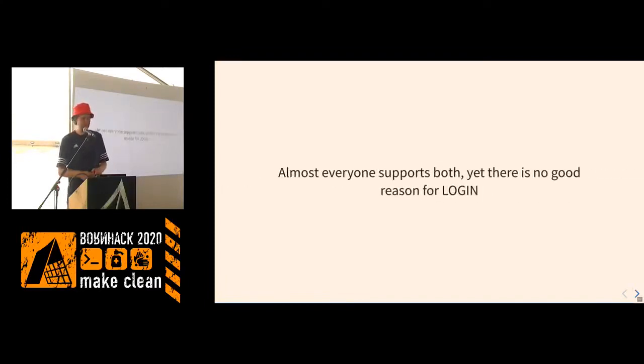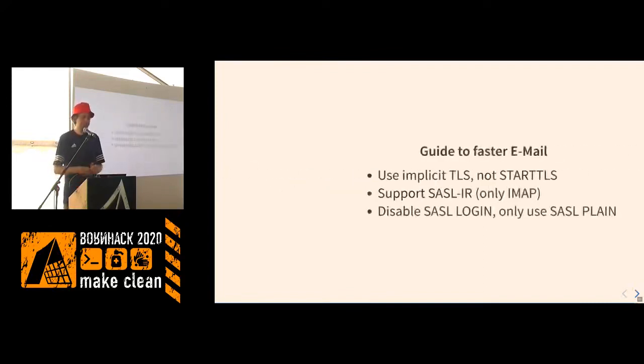There's not really a point in using the LOGIN mechanism. If you look around, almost everyone supports both, servers and clients. They usually support PLAIN and LOGIN, and there's not really an order to use them. So I figured out my client seems to prefer this slower, non-standardized version. If I disable it on the server, it can no longer do that, and then it becomes faster.